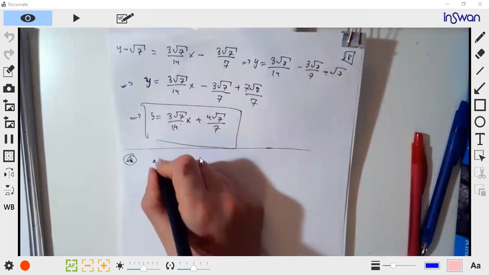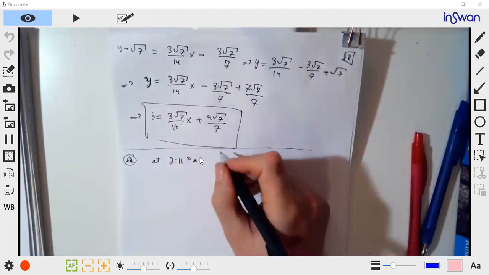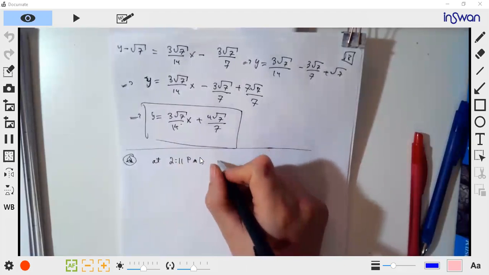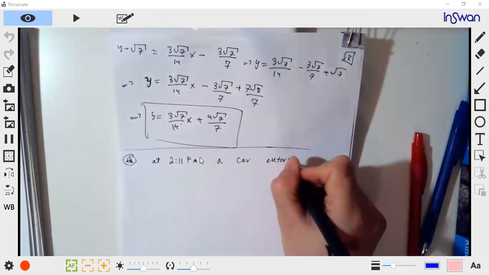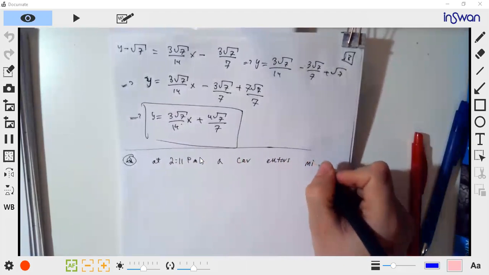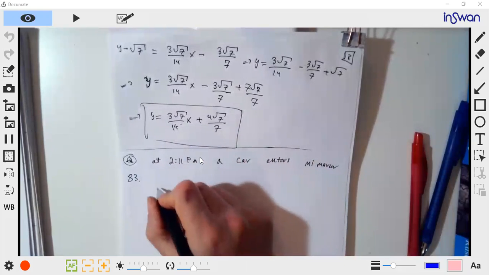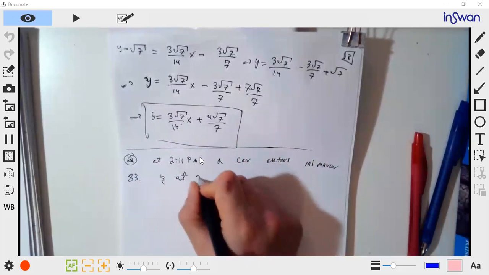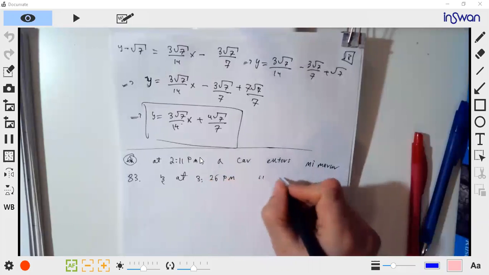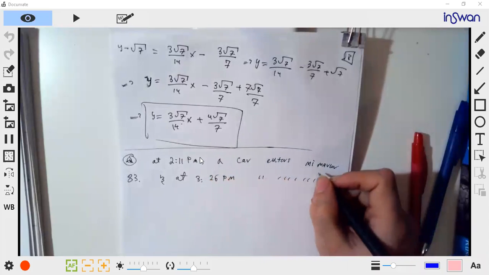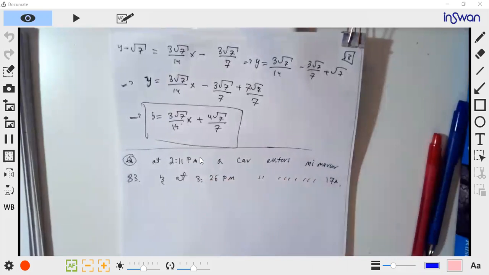Let's say at 2:11 p.m., a car enters mile marker 83, and at 3:26 p.m., a car enters mile marker, let's say 172.